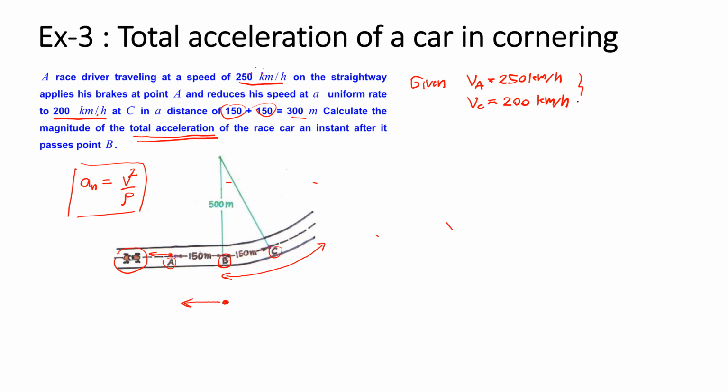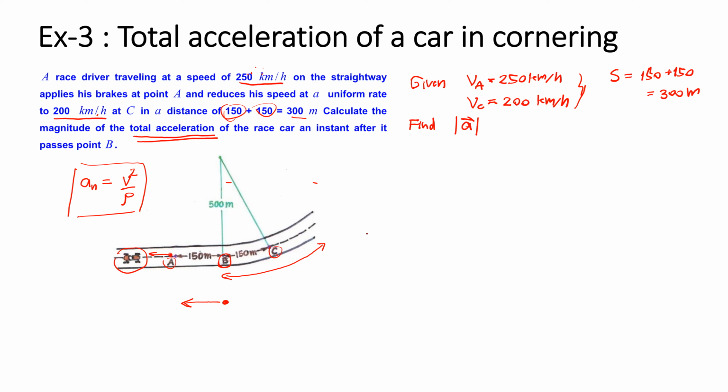The change of the speed happened in the distance of 150 plus 150 or 300 meters. The change of the speed happened in this distance, and we need to compute the total acceleration. They want the magnitude.